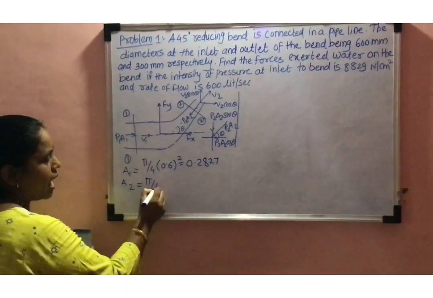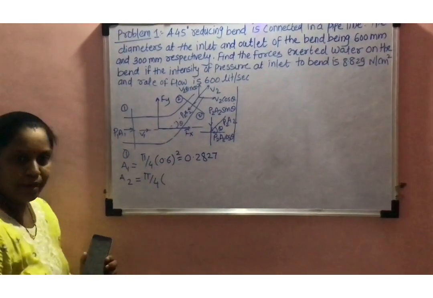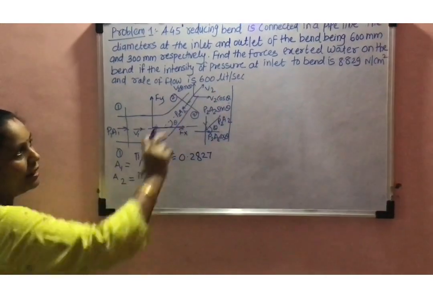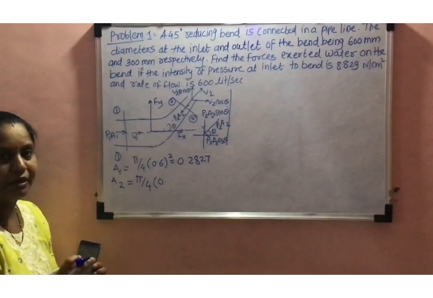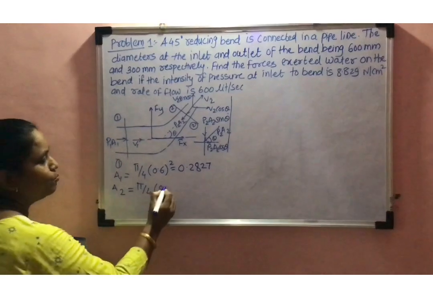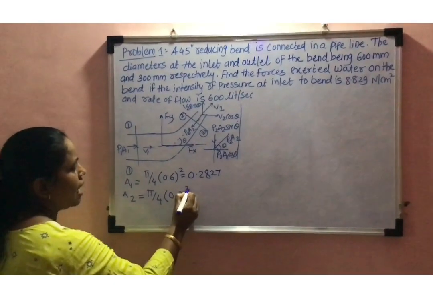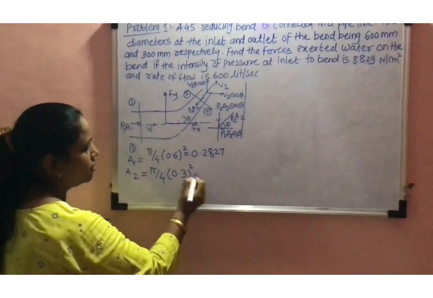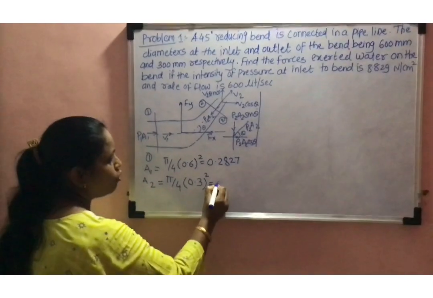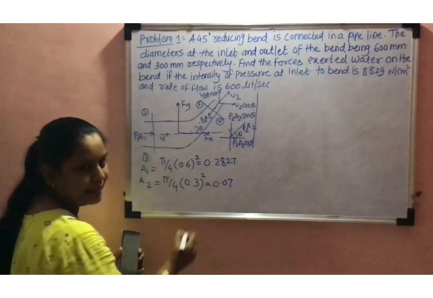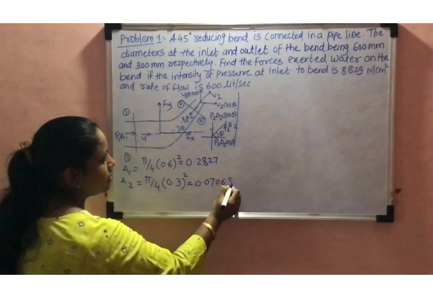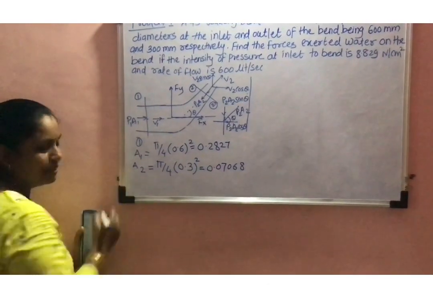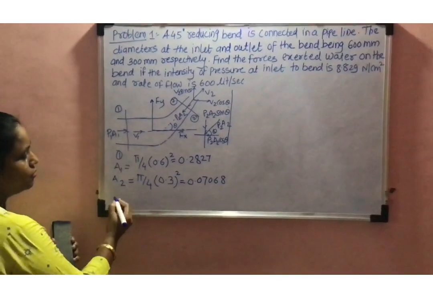So area at outlet is pi by 4, diameter at outlet is 0.3 meter after converting into meter, and the area comes 0.07068.